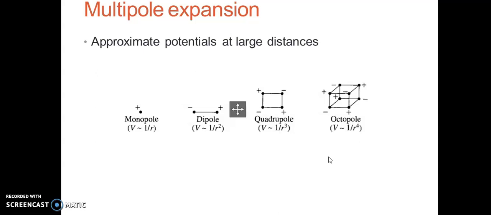So in the multipole expansion, we represent the potential of a distribution as powers of 1 over R. This is a systematic expansion of the potential of an arbitrary charge distribution in terms of the powers of R. Okay, we discuss the expansion in the next class.